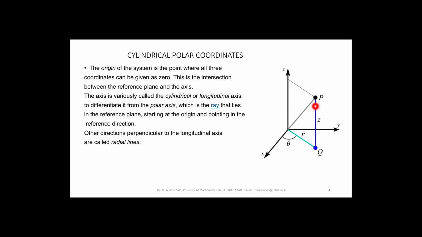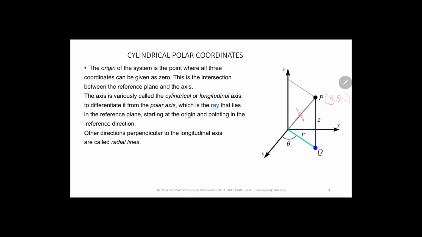So this is z. Therefore, this point P is identified with three coordinates called r, theta, and z. r is the distance of the point Q, which is the projection of P on the xy plane, from the origin. It is not this distance. Remember, people generally mistake that in cylindrical polar coordinates also, r is the distance of the point from the origin.